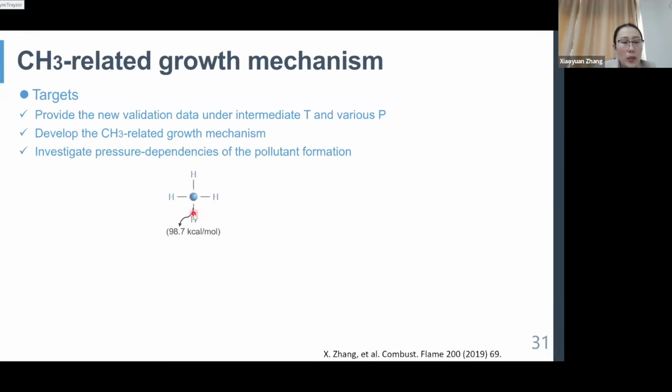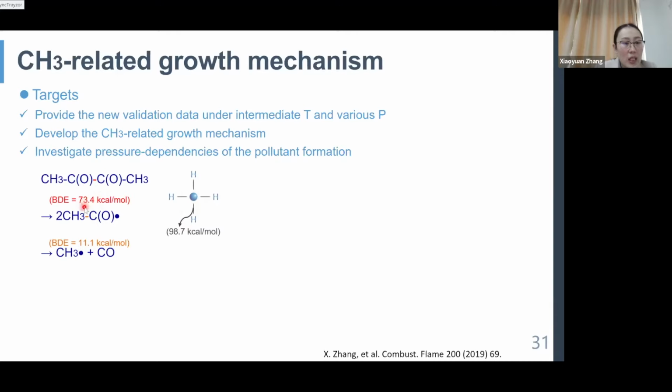So in this work, we didn't adopt methane as the target fuel, since the C-H bond is too high to break. Instead, we adopted diacetyl as a target fuel due to the much weaker C-C bond.